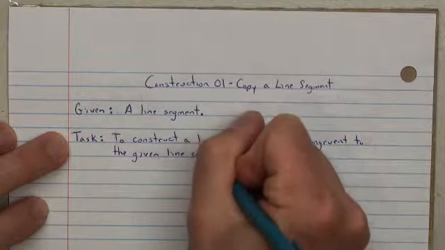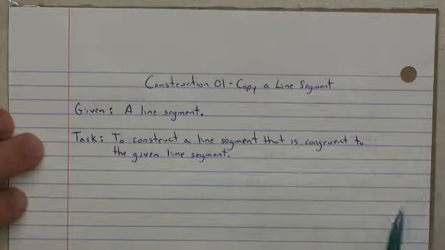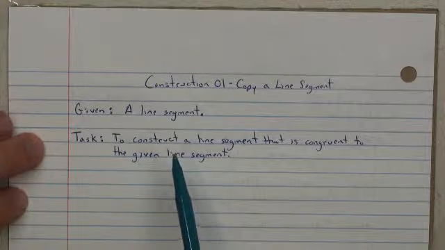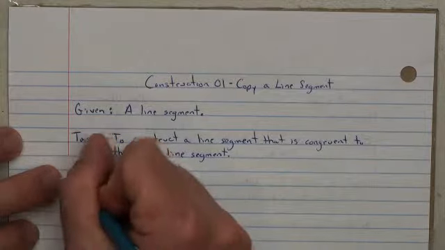Okay, so that means we'll be given a line segment and we're going to construct a line segment that is congruent to the given line segment. So we're going to use a ruler and a compass, or a straight edge and a compass, to draw another line segment that's going to be the same as the given line segment. Okay?